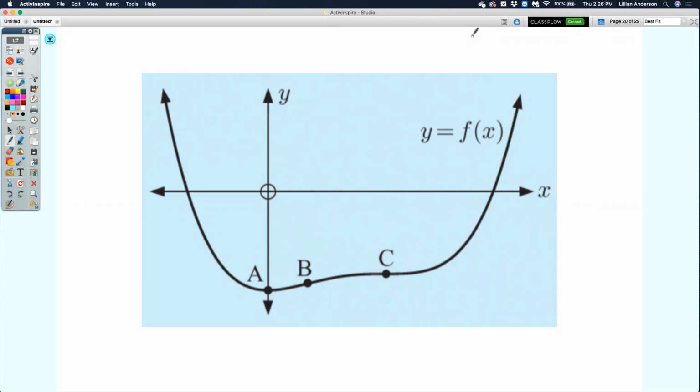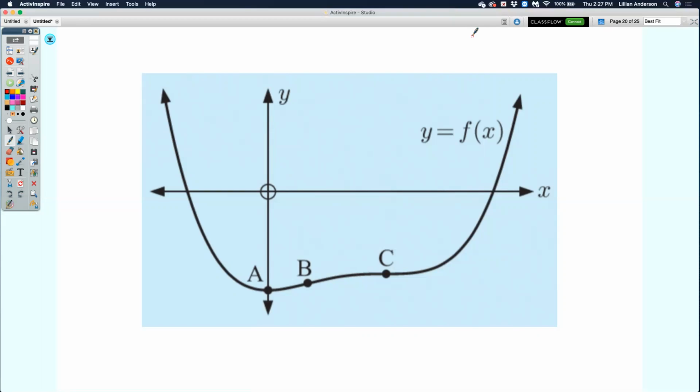A lot of times on the IB exam, these points won't be highlighted as distinctly. You'll just need to be able to see them within the graph. This is the first one that we do, so of course they are labeled, so in that way you can kind of keep an eye out for them.